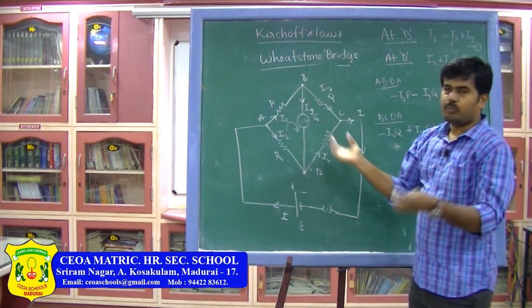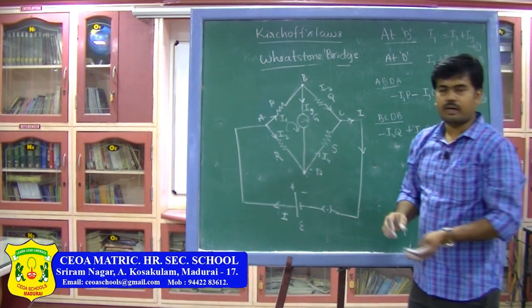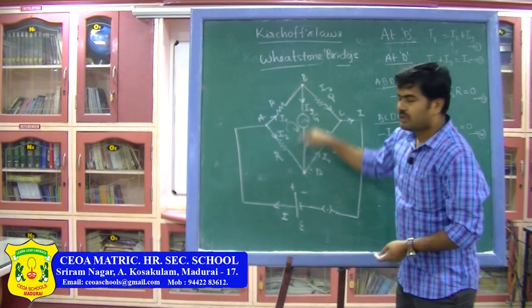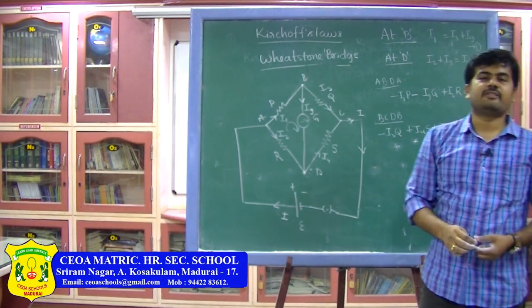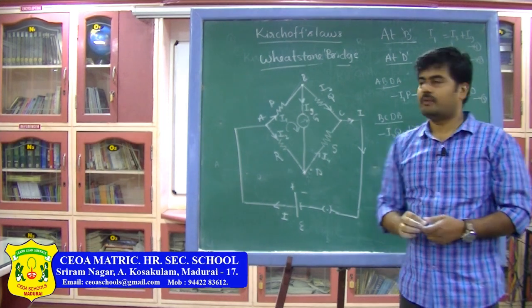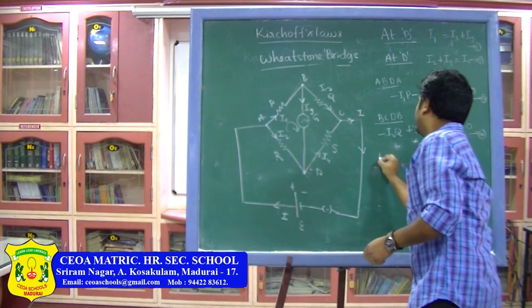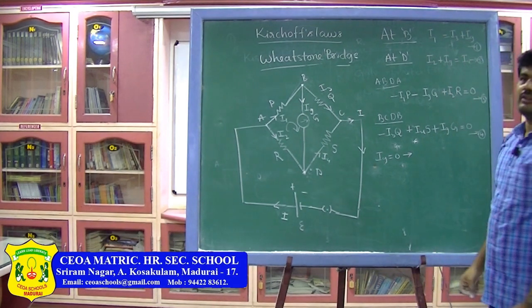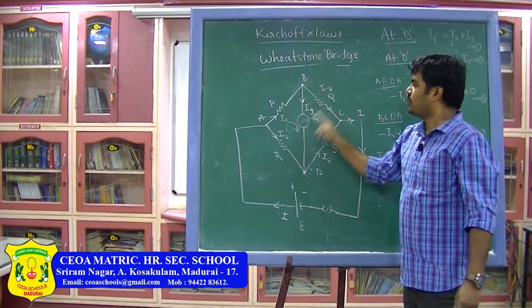So, we know if the potential difference is 0, there will be no current in this part of the circuit. So, in that particular case we can say the bridge is balanced. That means Ig equal to 0 is the condition where the bridge is said to be balanced.